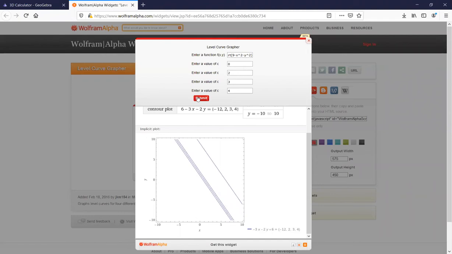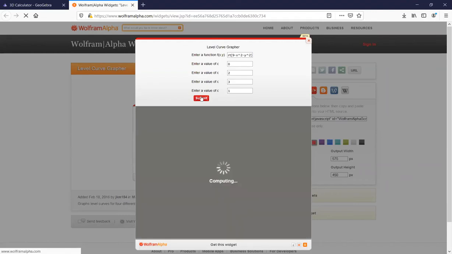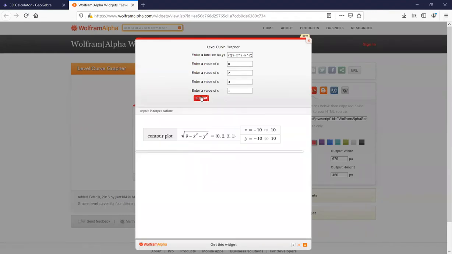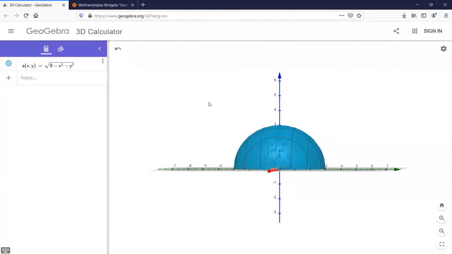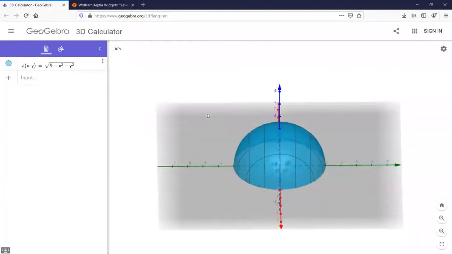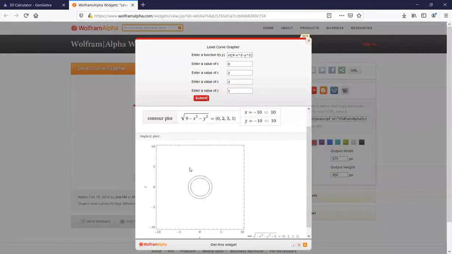You can plug in values for our k. Let's plug in 1 as well. As you can see, you have concentric circles. You're slicing this graph, and then you get these level curves.